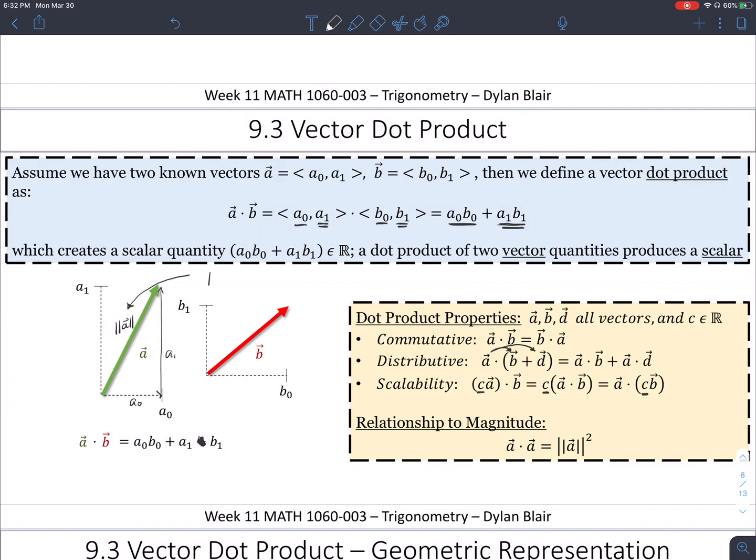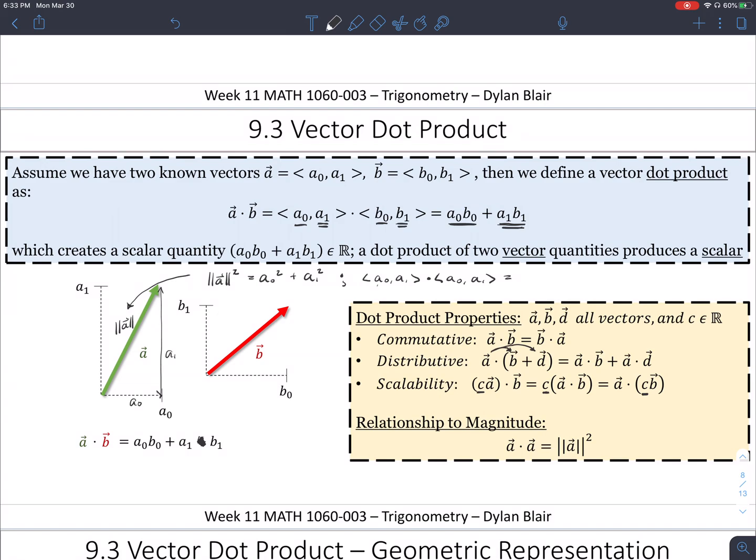Recall that we can say, using the Pythagorean theorem, the magnitude squared is equal to A0 squared plus A1 squared. Okay. Contrarily, if we were to take A dot A, where A is this A0 A1, we'd be taking A0 A1 dotted with A0 A1.